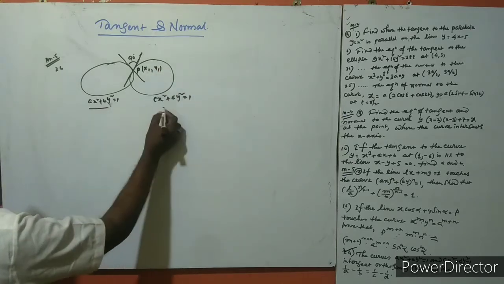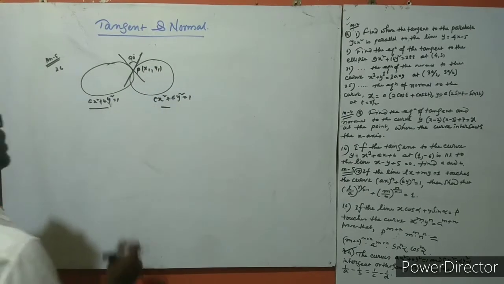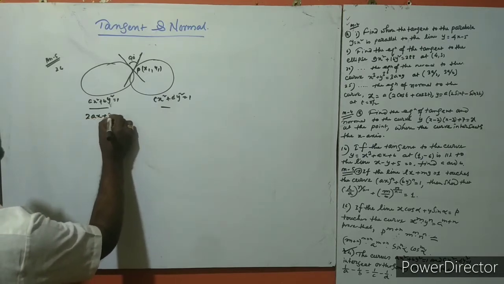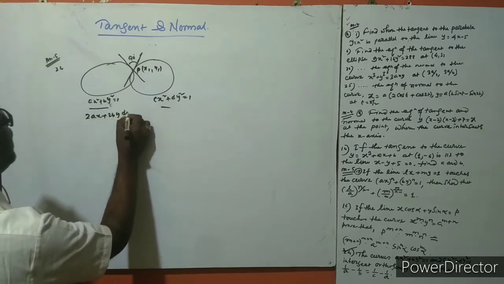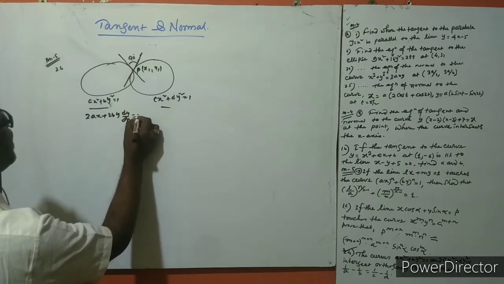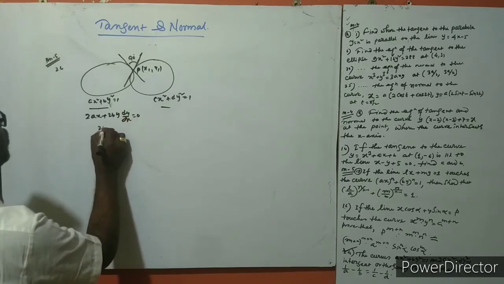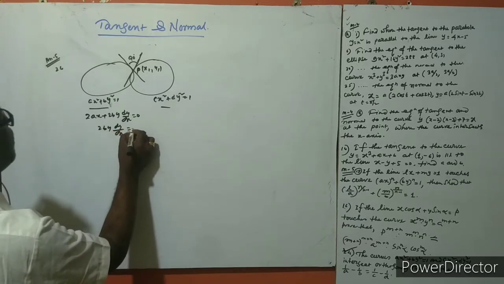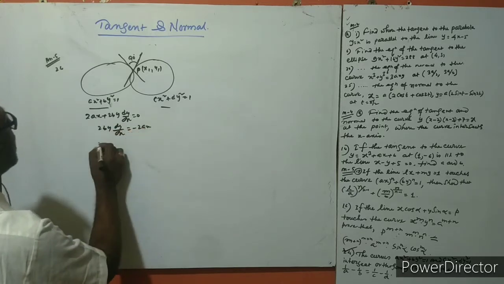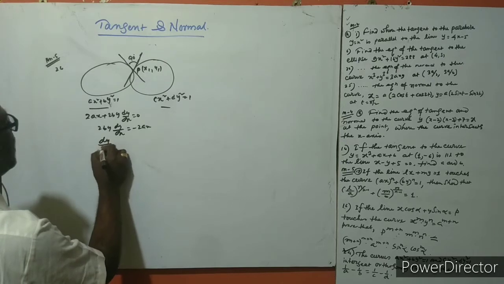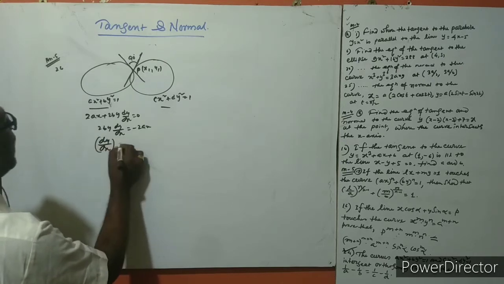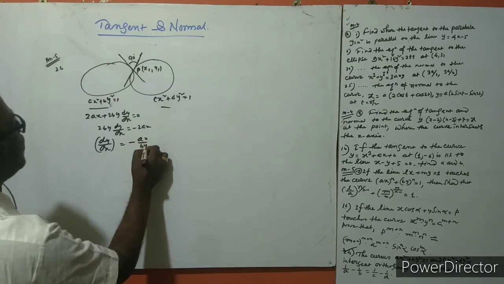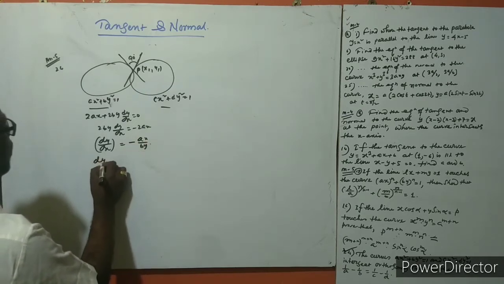So differentiate both curves at that point. What happens here? We get 2ax plus 2by dy/dx equal to 0, and again 2by dy/dx equal to minus 2ax. So we write dy/dx equal to minus ax by by.